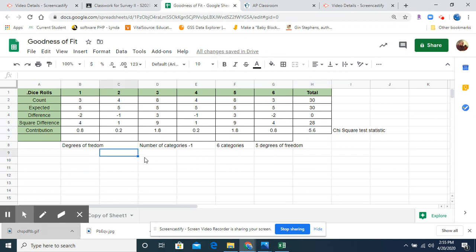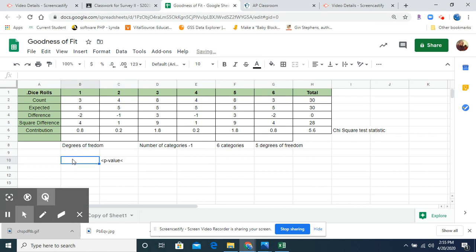So here we could say p-value, let me put a less than sign in front of it. Based on that chart, you know that the p-value is between 0.25 and 0.5.